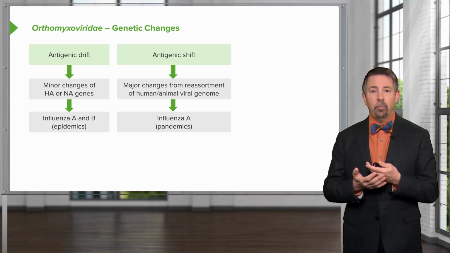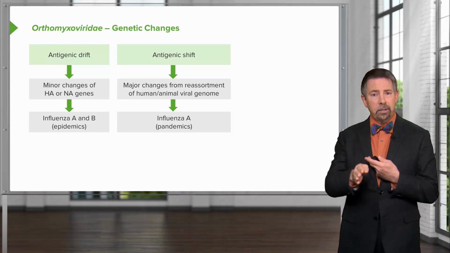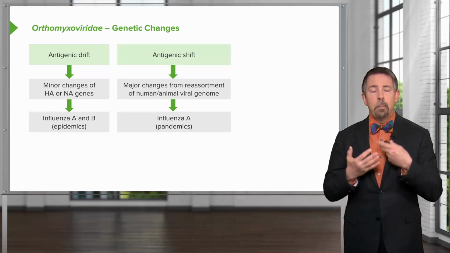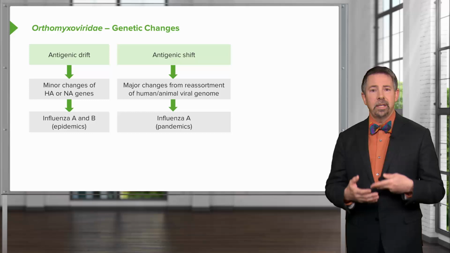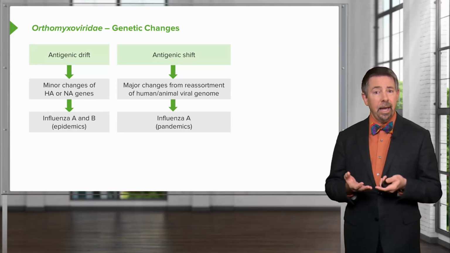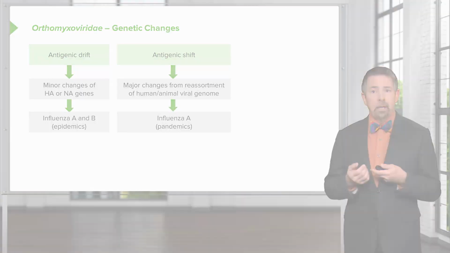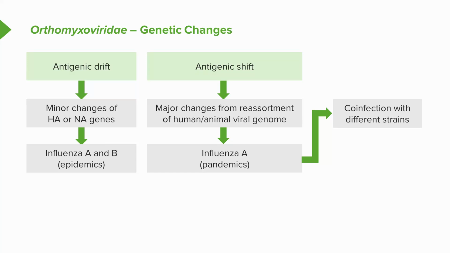When that happens, then one has a pandemic, not just a limited blip of flu occurring during the winter season, but worldwide, many more cases, higher severity, higher numbers, etc. And this most recently happened in 2009 with the influenza H1N1 pandemic. Now, the problem with these antigenic shifts is that they can occur dramatically, meaning there's a lot more virus out there, and that increases the ability to be infected with two strains at the same time.